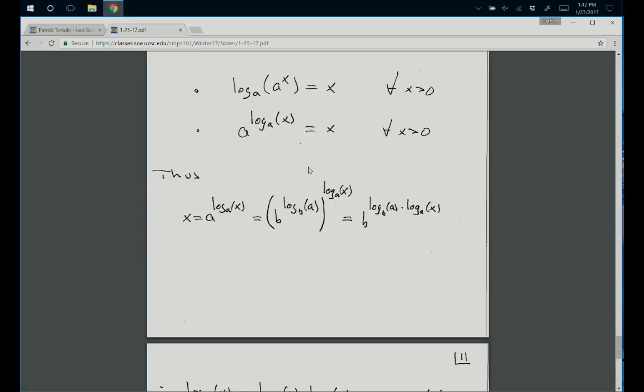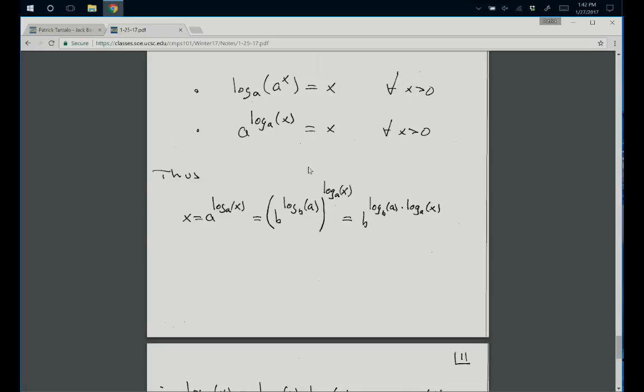I'm going to reverse the order of the factors: a to the log base a of x times log base b of a.